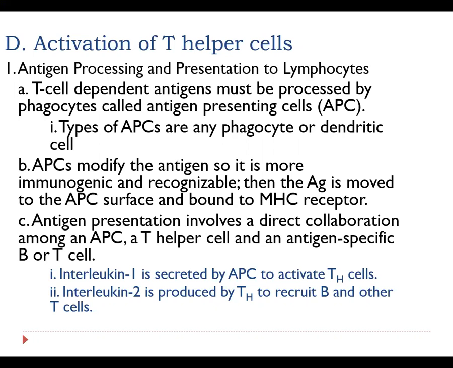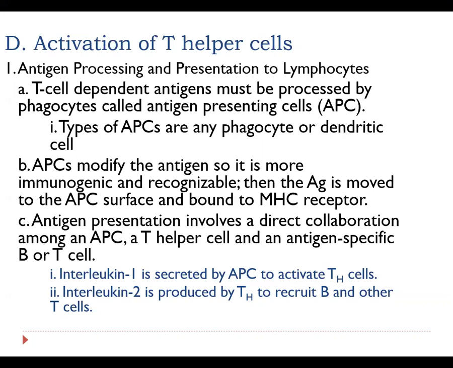The APC and the T helper cell will basically form kind of a handshake where they will confirm self and confirm non-self, or antigen. At that point in time, once confirmation is done, the APC will then secrete interleukin-1 onto the T helper cell. The T helper cell will then become activated.